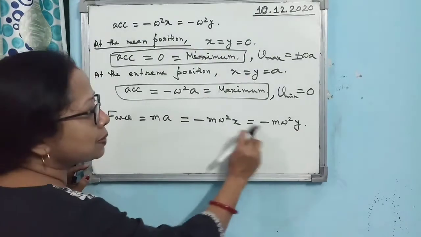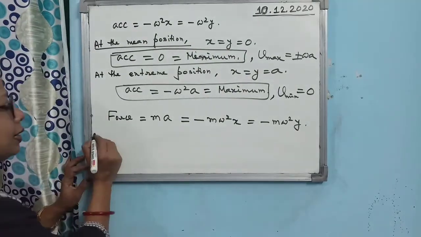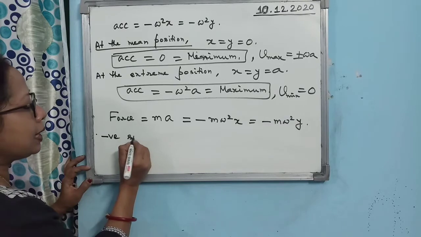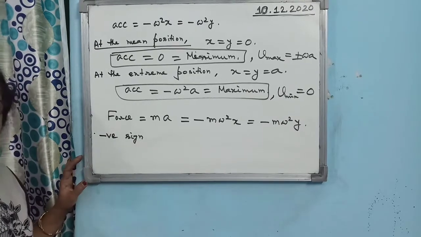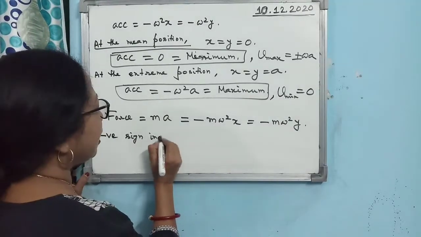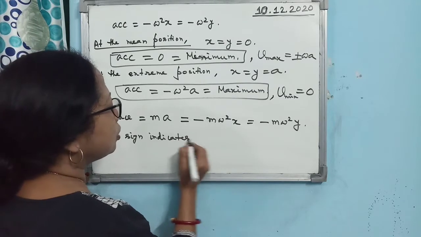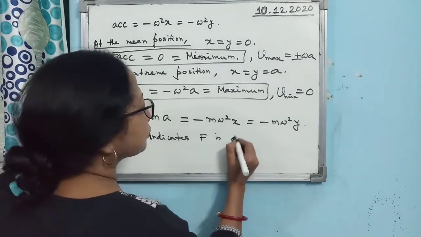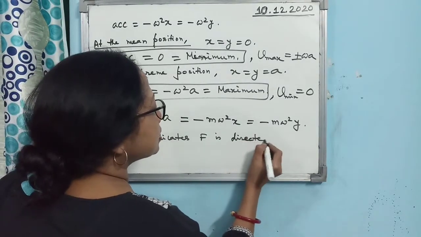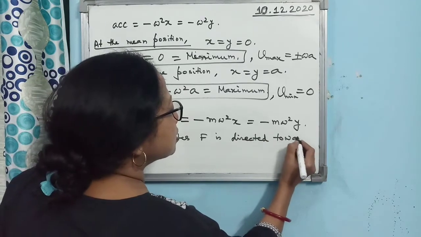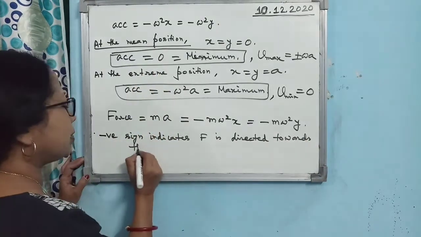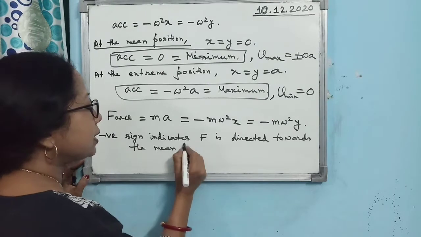So what does this negative sign indicate? Negative sign indicates that F is directed towards the mean position. Alright, what does it mean?